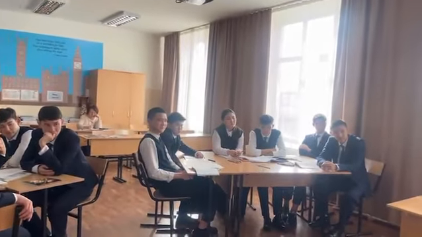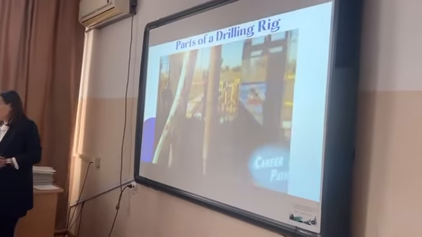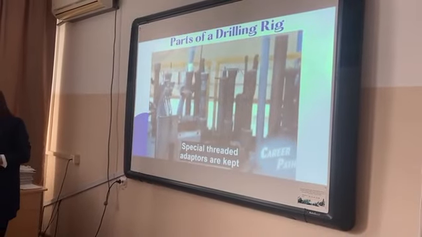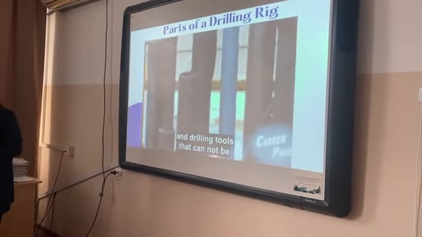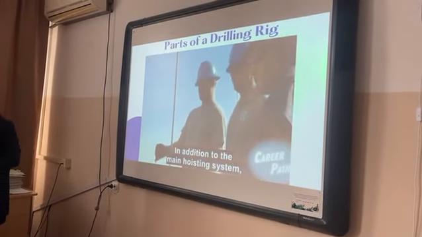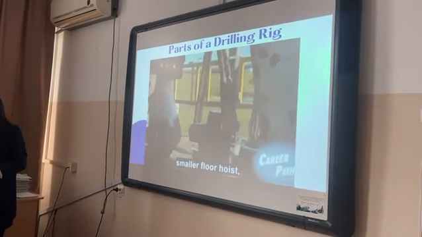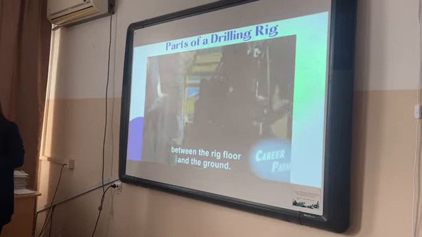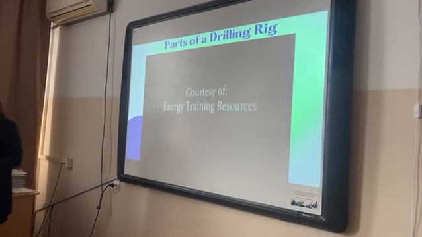The elevators are attached to extendable arms on the top drive called bales. Special threaded adapters are kept on the rig to hoist drill collars and drilling tools that cannot be gripped directly by the elevators. In addition to the main hoisting system, rigs also have one or more smaller floor hoists for raising or lowering equipment between the rig floor and the ground, or for moving equipment on the floor.